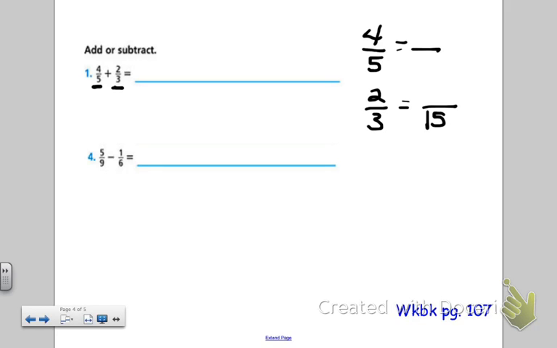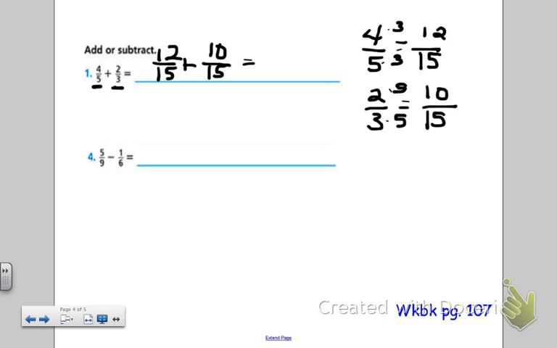So I'm going to rewrite it. And let's see, 3 times 5 is what gives me 15. 2 times 5 gives me 10. 5 times 3 gives me 15, and 4 times 3 gives me 12. So I can turn the 4/5 into 12/15, and I can turn the 2/3 into 10/15, and I can add it up that way.